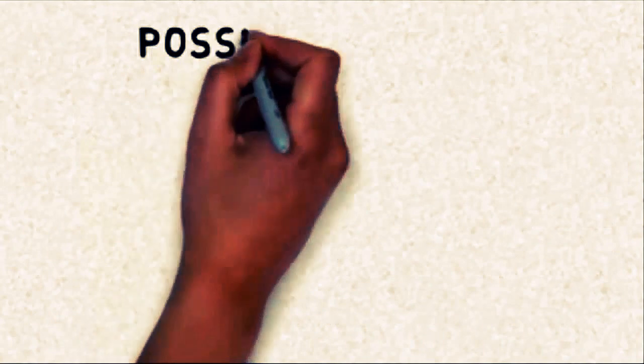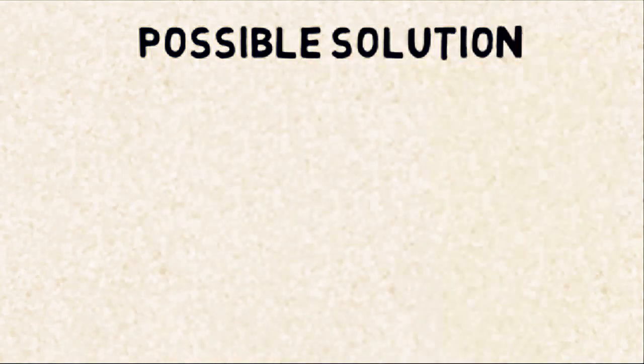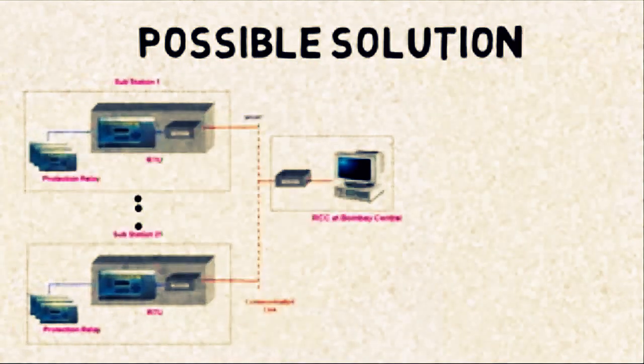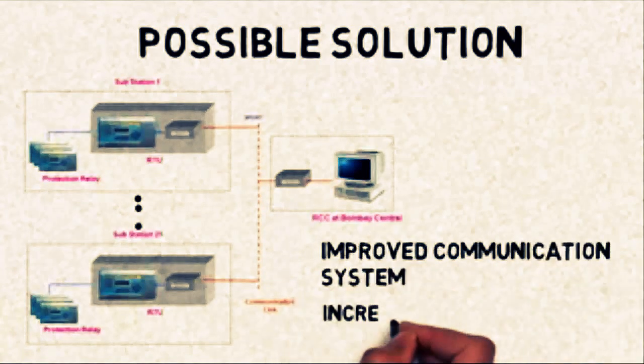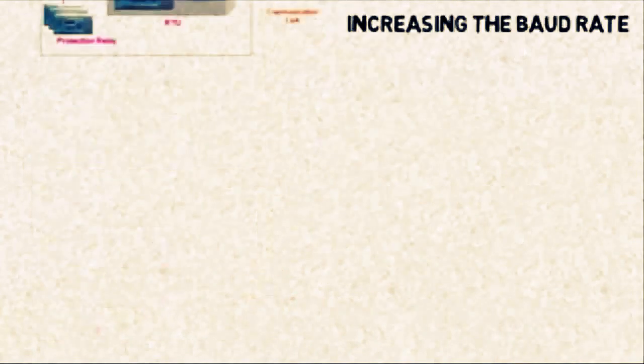So the possible solution is implementing a high-speed as well as efficient communication line, as it will transmit the status of the remote circuit breaker to the panto flashover relay and also to the control command center, and also the control command from the panto flashover relay to the remote circuit breaker. And in this way, this situation can possibly be avoided.